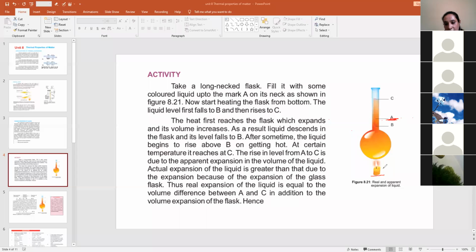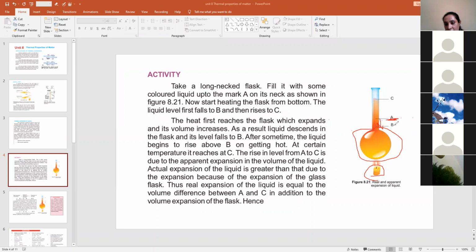When we supply heat to this flask, what happens? Obviously, the heat first contacts the solid, and the solid also has the property of thermal expansion. So, first of all, the solid will expand. When the solid expands, the size of this flask will increase. Obviously it has more space, so the level of the liquid will fall from A to B, right?